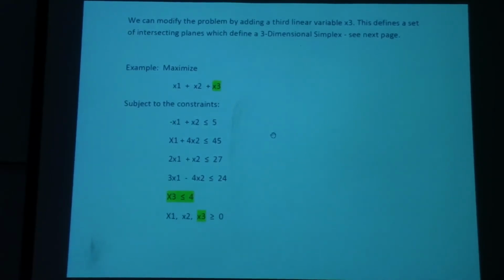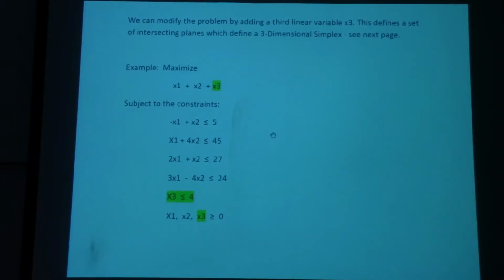So now, geometrically speaking, we're talking about dividing our space into half spaces. Instead of having half planes defining a 2-dimensional simplex, we have half spaces defining a 3-dimensional simplex.